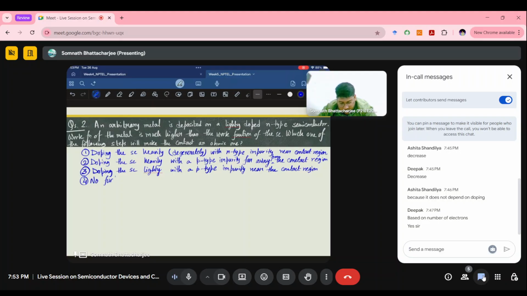And fourth, no further processes required as it is already an ohmic contact.